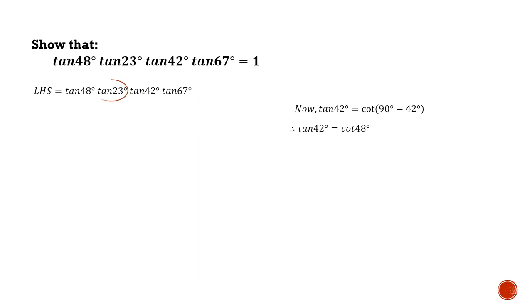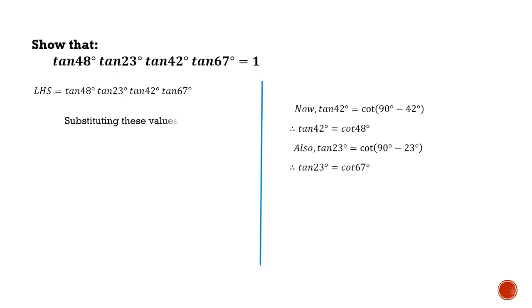Similarly, now focus on tan 23, and it shall be written as cot 67. Correct? So just replace these values in this LHS. I am sure that you might be getting some hints about why I converted these two things. I wanted to make them match the remaining two, not exactly equal, only the angles here. Because see, tan 48 is matching with this cot 48 angle wise, and similarly cot 67 is matching with the tan 67 angle wise.